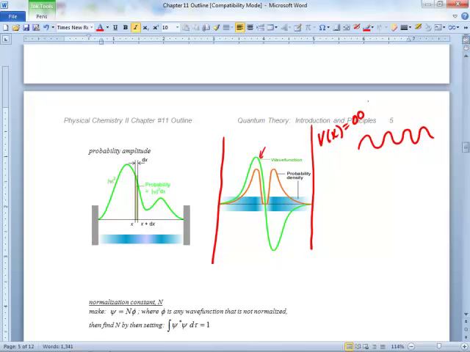So if you take the wave function, that's supposed to be my psi, and you take psi star psi, in other words, multiply that wave function times itself. I'm trying to draw the same thing twice there. Multiply these guys together.